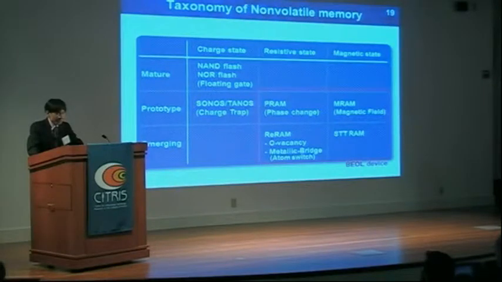Below 10 nanometer, the resistive memory like PRAM and ReRAM has a chance to replace the floating gate type memory. The active area can be reduced to less than 10 nanometer. PRAM and ReRAM can be operated below 10 nanometer in principle. Our switch belongs to ReRAM.